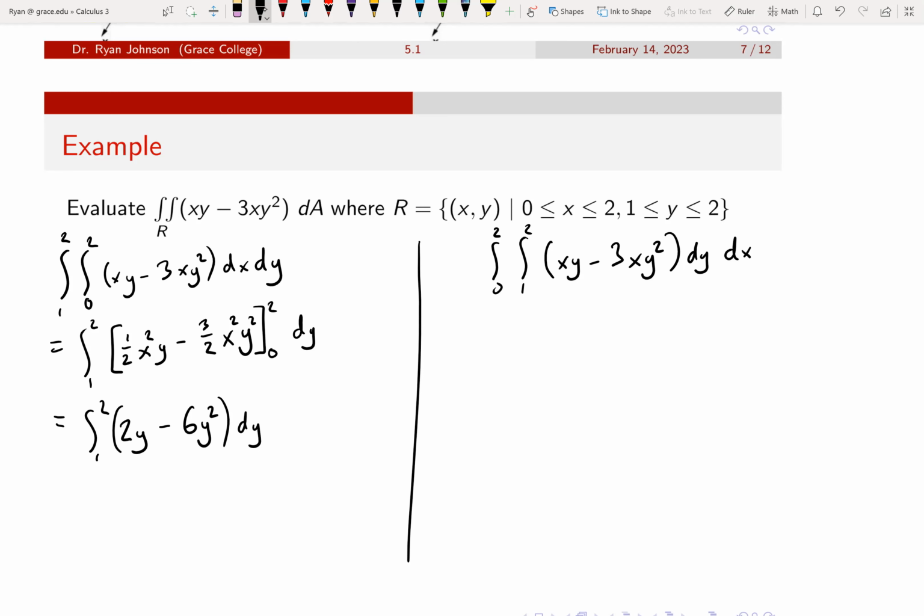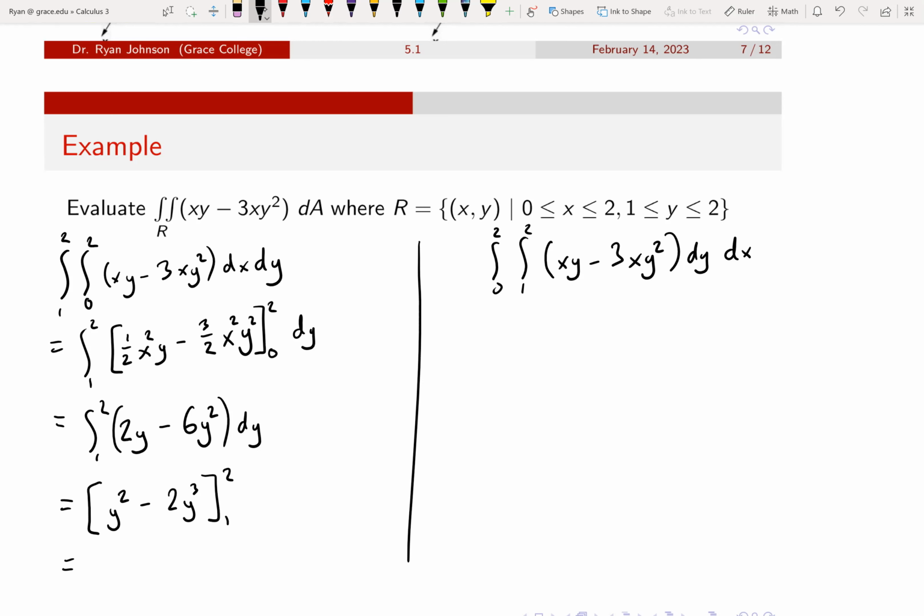Now I'm going to take the integral of the outside with respect to y. There should be no more x's once I've completed this integral. So I do this integral, and I get y squared minus 2y cubed from 1 to 2.